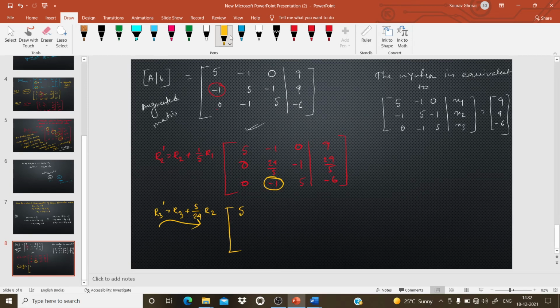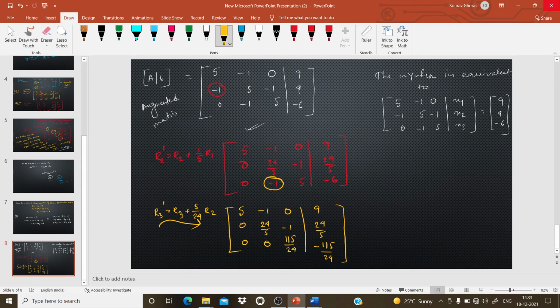From here what we get? 5, -1, 0; 0, 24 by 5, -1; 0, 0, and if we simplify it we get 115 by 24. And this is 9, 29 by 5, and if we calculate it, this is minus 115 by 24.